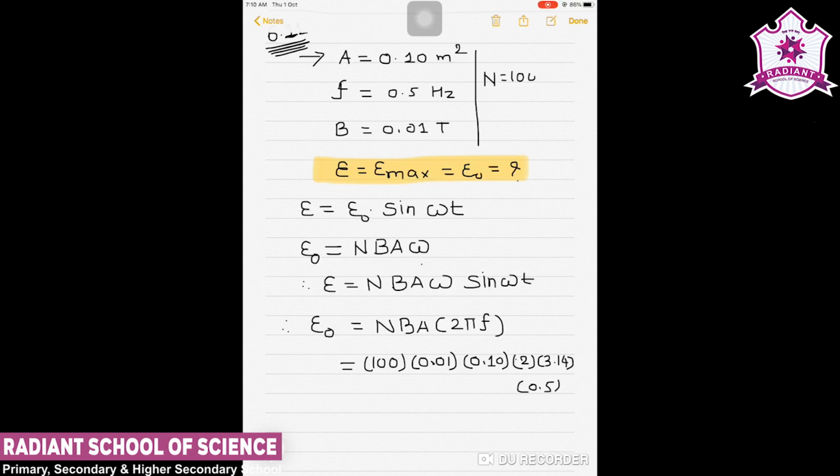If we put all the values together, we get 0.314 volt. So the maximum voltage that we can obtain in this condition, E0, is equal to 0.314 volt.